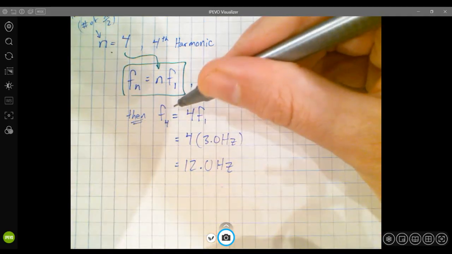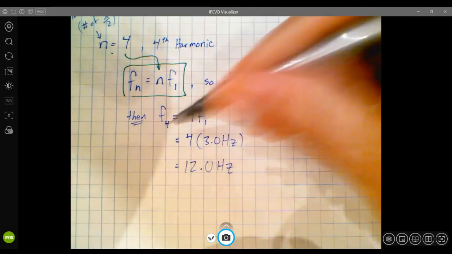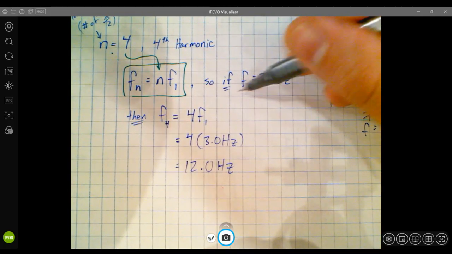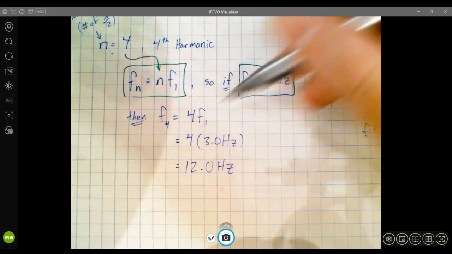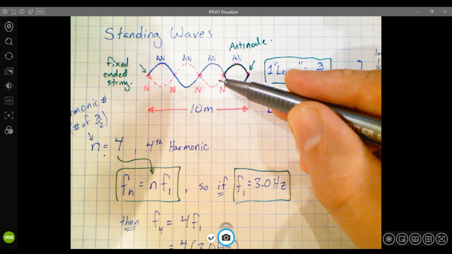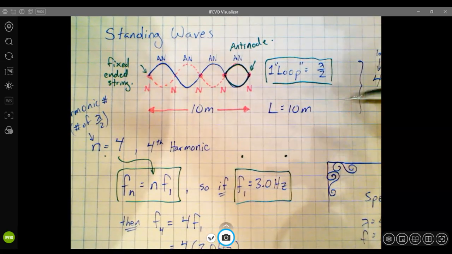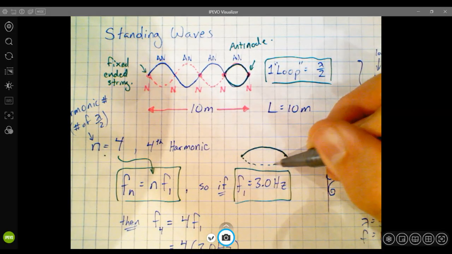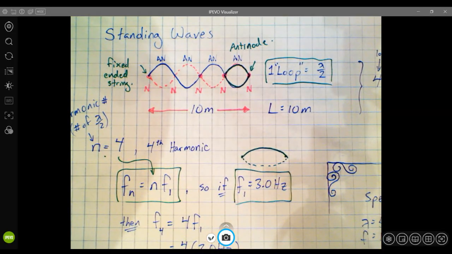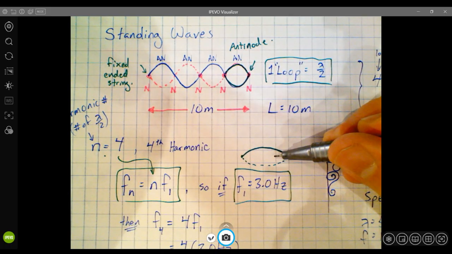At the lowest frequency that the string would resonate, 3 hertz, this is the diagram that would go along with the 1st harmonic, the fundamental frequency, the lowest natural frequency of resonance.